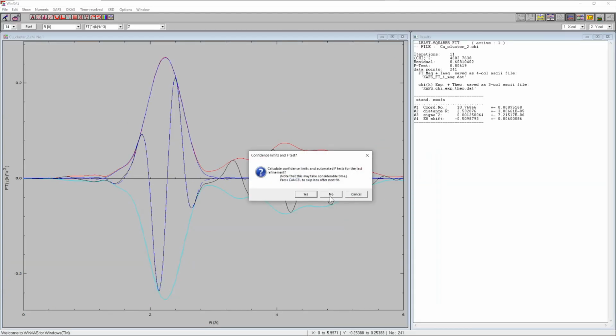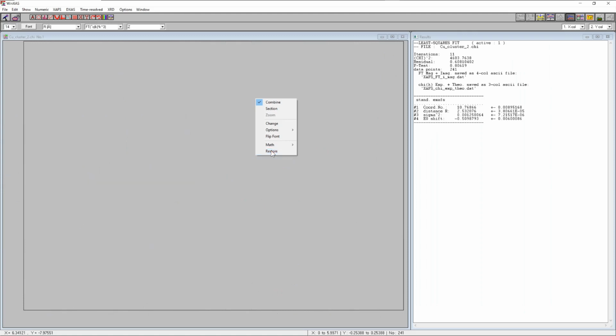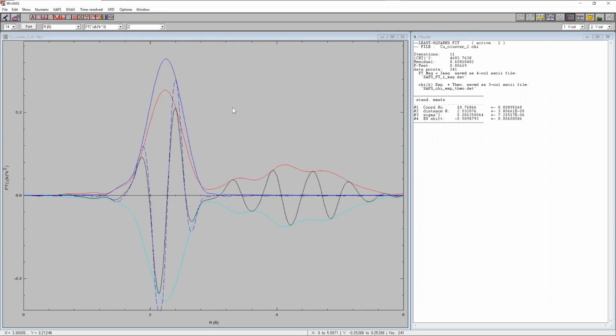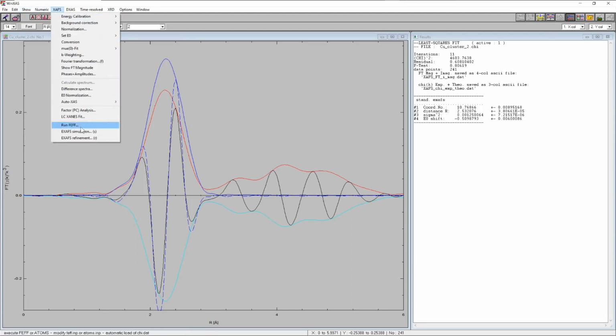So, okay, no, and just briefly restore the parameters. If you want to change parameters by hand, there is an option here to enter the parameters. Again, there are keyboard shortcuts here for parameters and for EXAFS simulation and refinement, and I strongly recommend to use those shortcuts because they really speed up processing of the data.